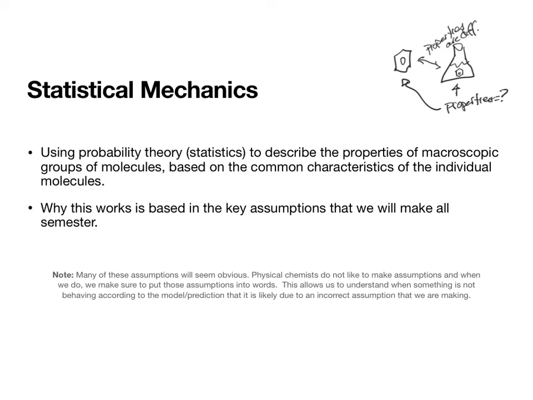And when we do, we make sure to put those assumptions into words, because it allows us to understand that when something isn't behaving according to our model or our prediction, it's most likely due to an assumption that we are making, and we go back to those assumptions to try to figure out, well, what is missing?